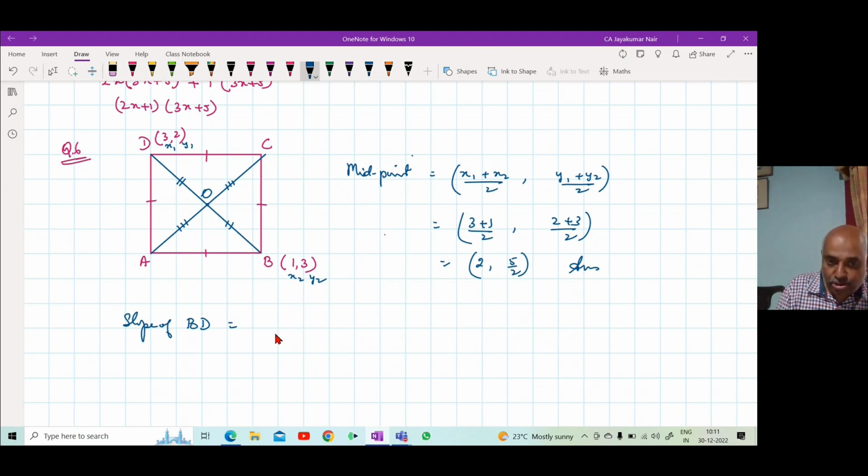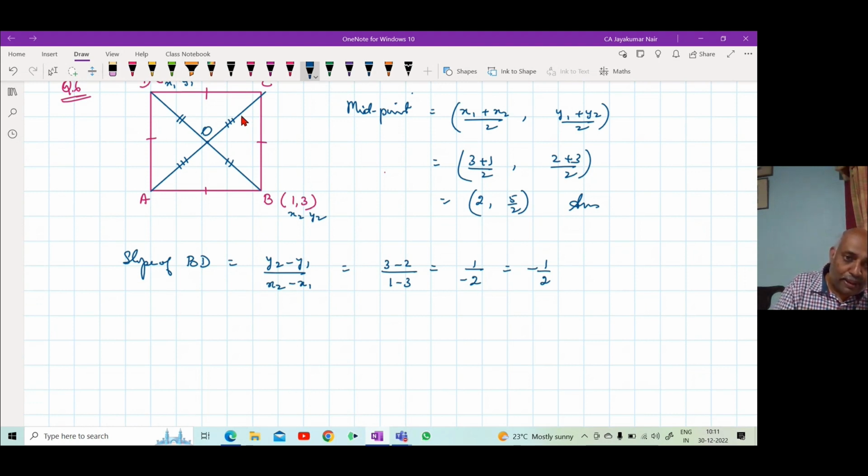What's the formula to find slope? It's (y2 minus y1) over (x2 minus x1). This is the slope formula. So (3 minus 2) over (1 minus 3). We get 1 over minus 2. In other words, the slope is minus 1 by 2.